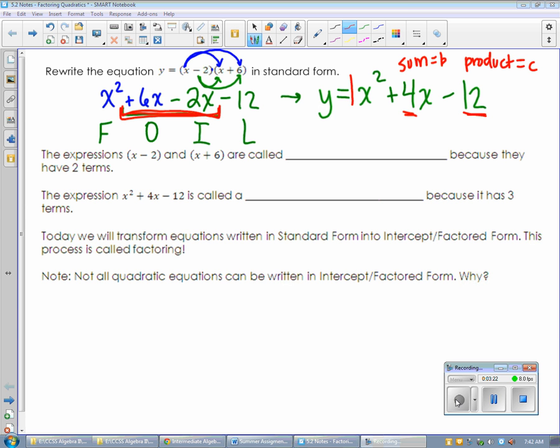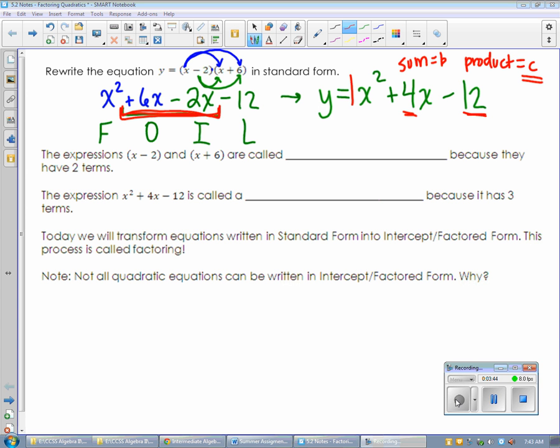And so the product is just going to be equivalent to C alone. But we'll find that if my A value is something other than 1, then the product that I'm interested in becomes something else. So we're just going to start right now with trinomials that have a leading coefficient of 1. And we're going to talk about how to factor them.